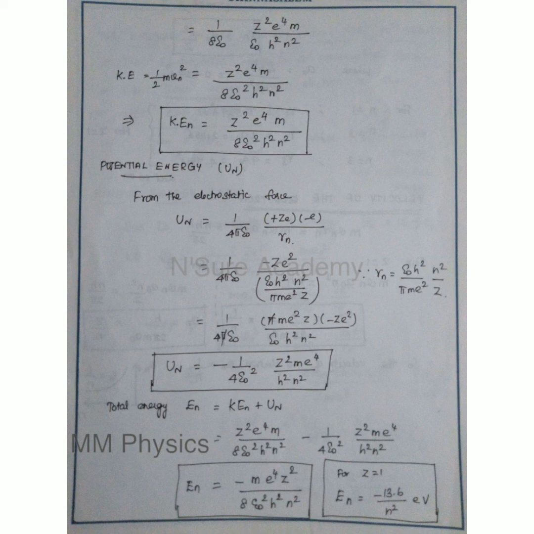But for Z equivalent to 1, which is for the hydrogen atom, by substituting the value of the mass of the electron, the electron's charge, epsilon naught, and Planck's constant h, we get, for Z equivalent to 1, En is equivalent to minus 13.6 divided by n square electron volt. In terms of joule, if you want to convert, that is equivalent to minus 2.18 into 10 to the power minus 18 divided by n square joule.